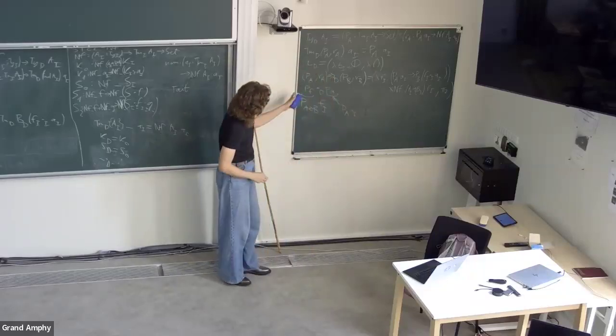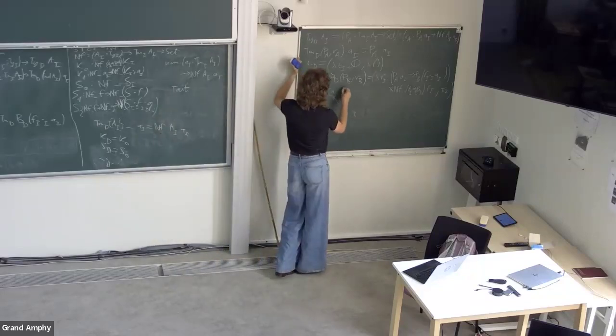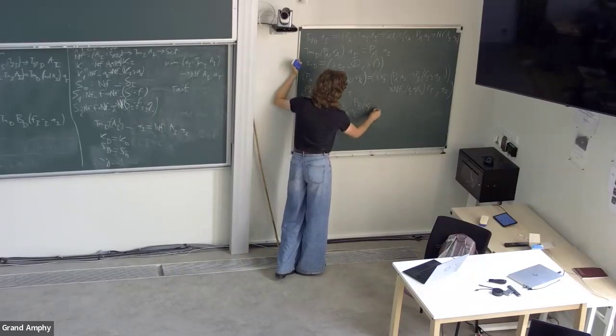Then here I need the predicate at B of Fi applied to AI.